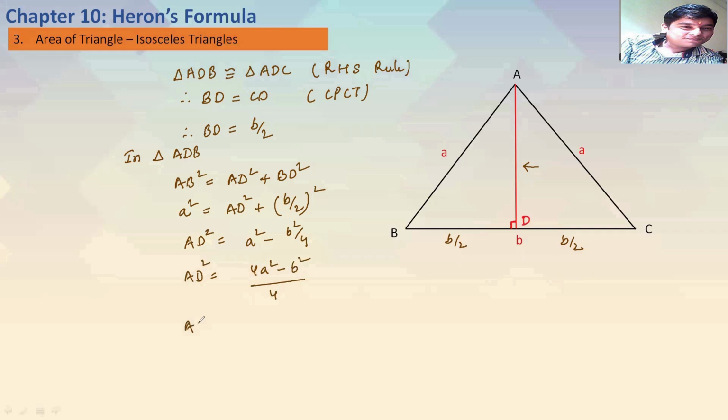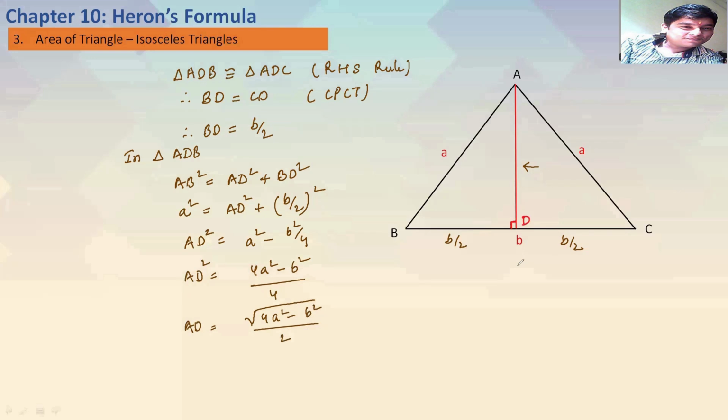So AD must be, what do you reckon? It'll be 2A minus B by 2.